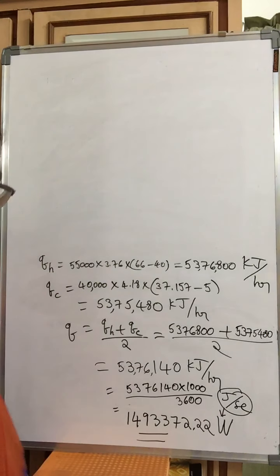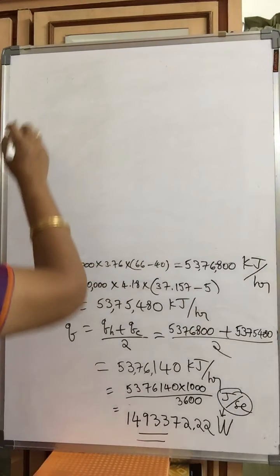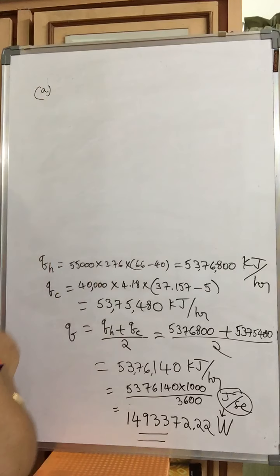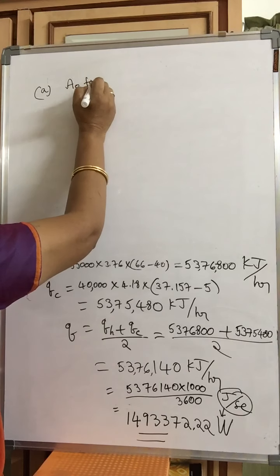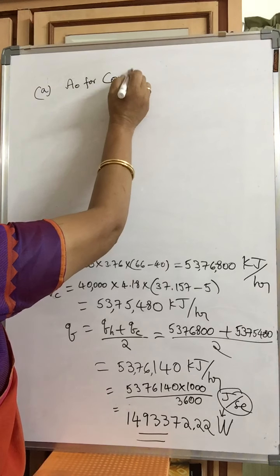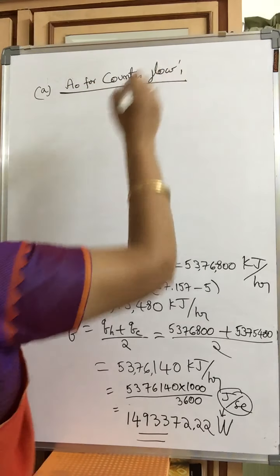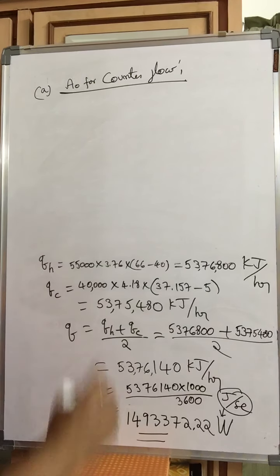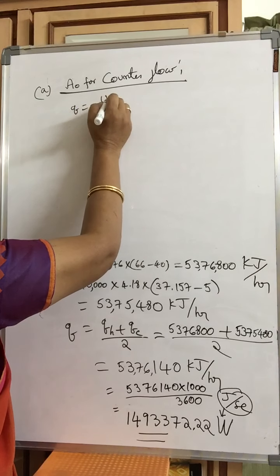Now I will go to the actual question. What is the actual question? A naught for the counter flow. You need to calculate that A naught for counter flow.